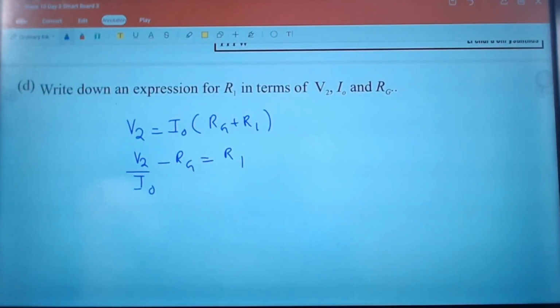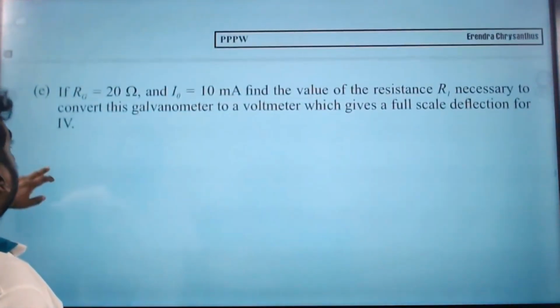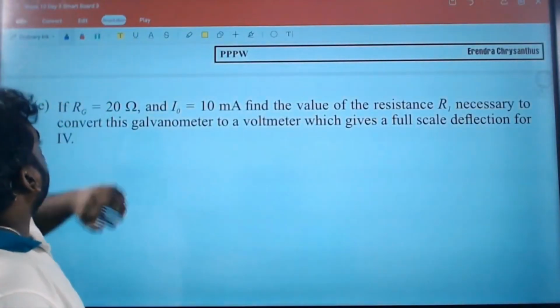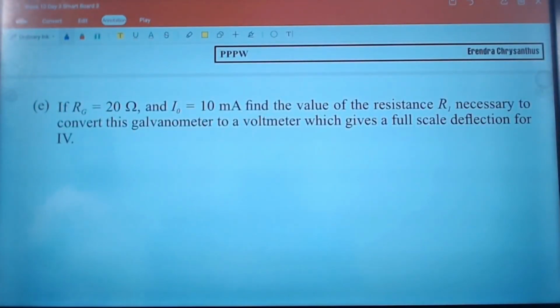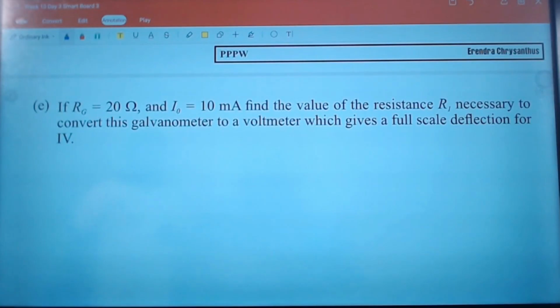Very good. If Rg equals 20 ohm and I0 is 10 milliampere, find the value of the resistance R1 required to give a full scale deflection of 1 volt.